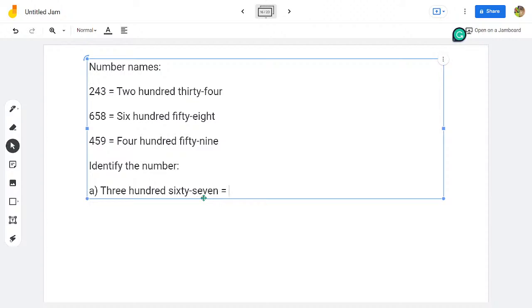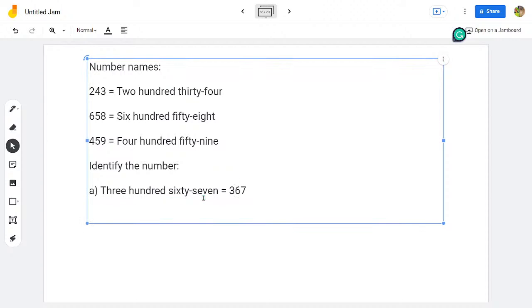This can be written as 367. Let's say we have another number 442. This can be written as 442.